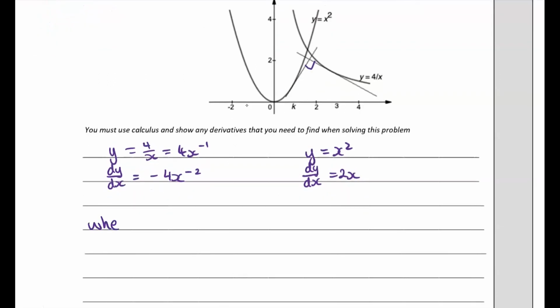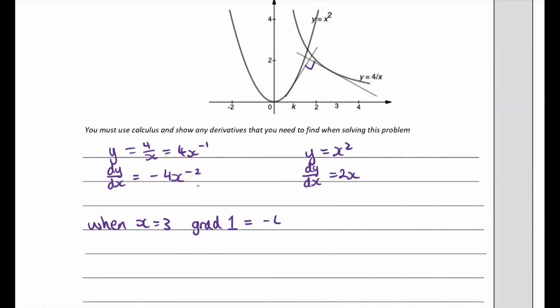When x is 3, we're looking at this equation here, then the gradient of that line, so let's say gradient 1, it's going to be this line here, so it's this gradient equation here.